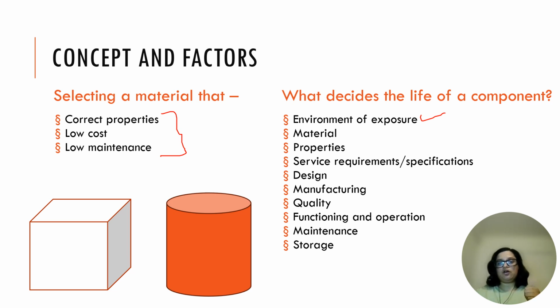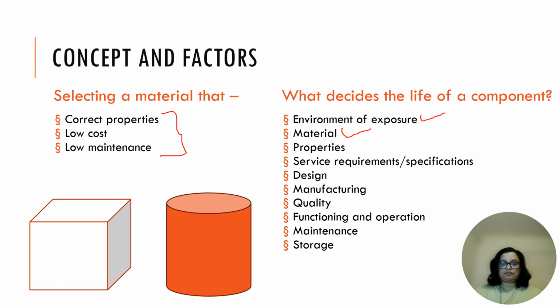The life always depends on what it is exposed to, and whether the material is able to sustain that environment or not. So, for example, if you use carbon steel without any protection, without any coating, in a severely acidic environment or severely salt environment, you're obviously not going to sustain that for a very long time.